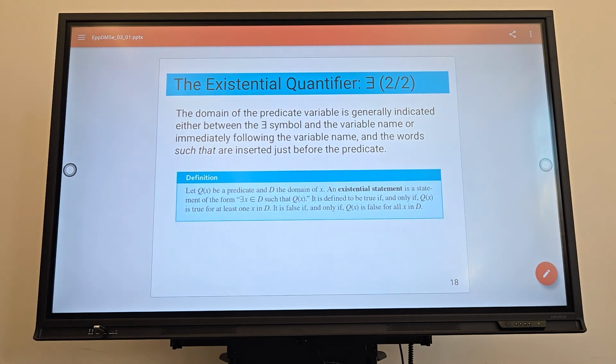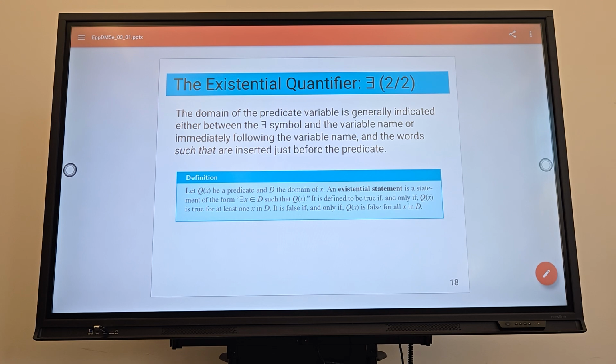The domain of the predicate variable is generally indicated either between the E symbol and the variable name, or immediately following the variable name, and the words "such that" are inserted just before the predicate. So, let Q of x be a predicate and D the domain of x.